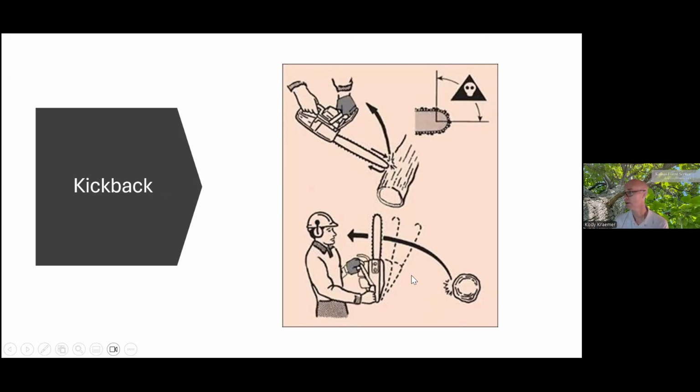And that's when we can potentially have some safety concerns, when kickback happens. And we're talking tiny, tiny fractions of a second. And if we're not prepared for it, if we don't have good body positioning, this is when a lot of accidents can occur.